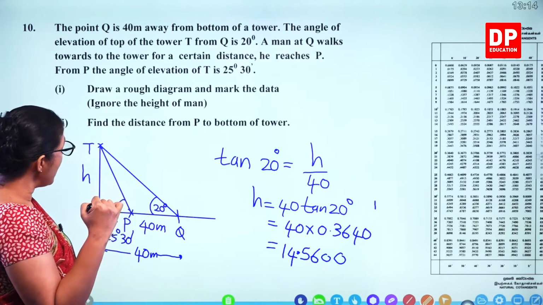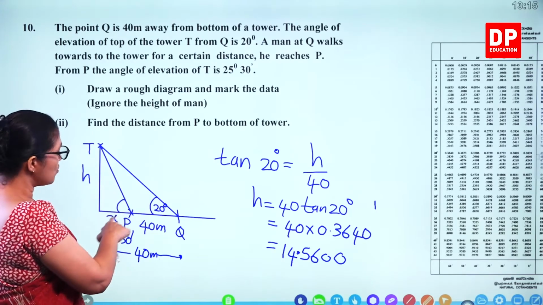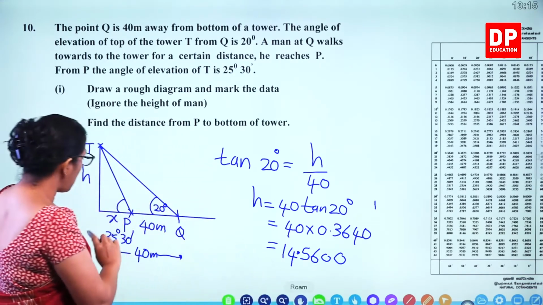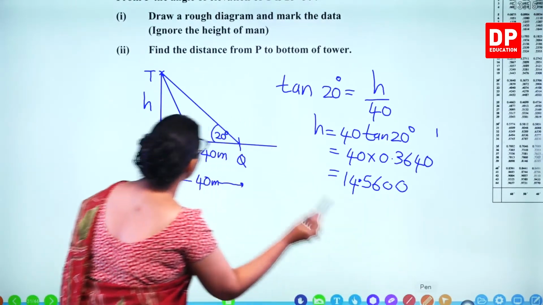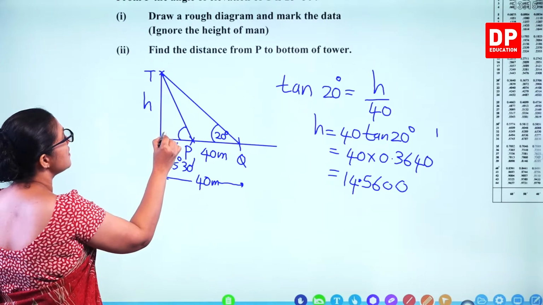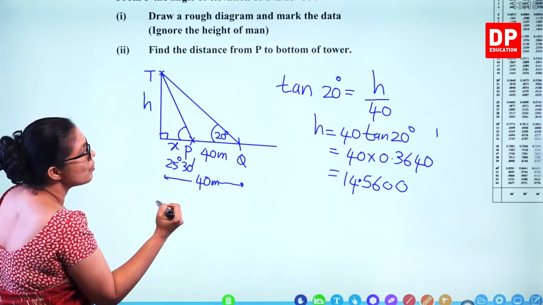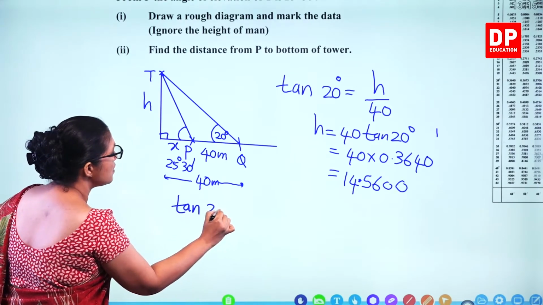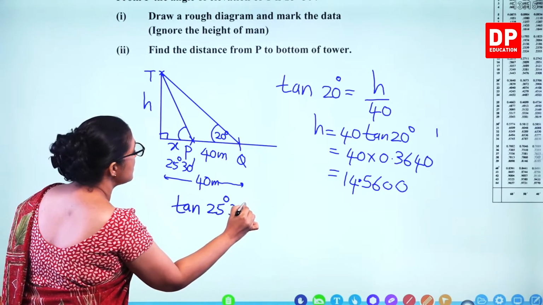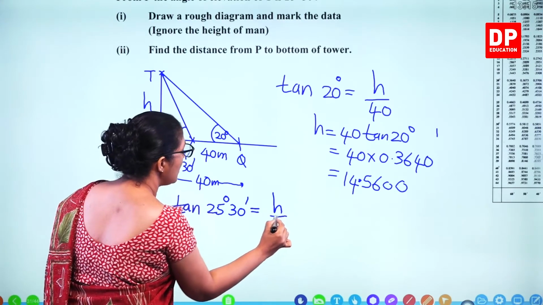So how can we find out x? You can use again tan ratio because h is here. This is perpendicular. So you can use tan of 25°30' is equal to h over x.